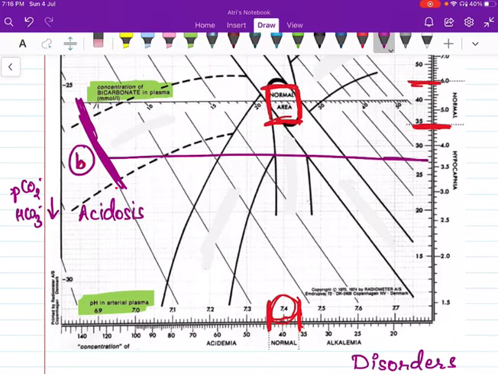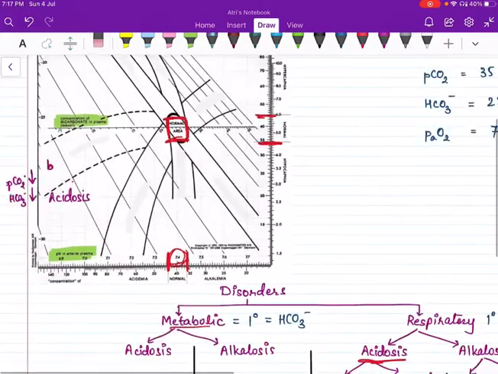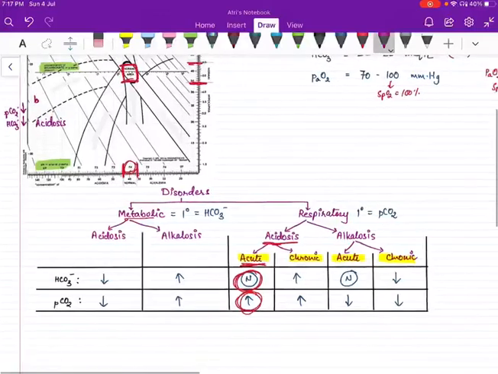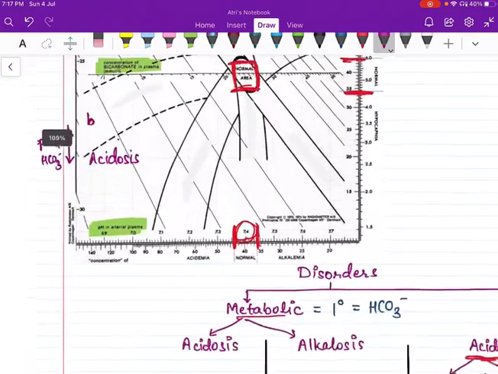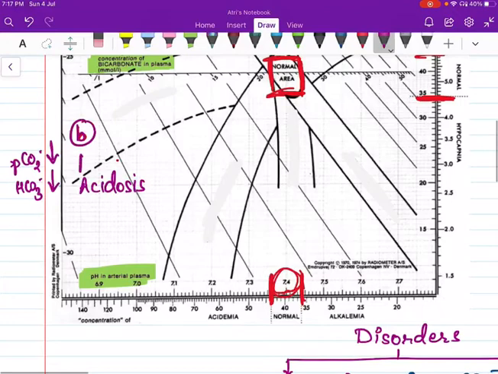What about PCO2? PCO2 is also less than 35, so PCO2 is also decreased. Now in our chart, what is the condition where acidosis is happening along with low bicarbonate and low PCO2 levels, right? So this is metabolic acidosis. Point B is our metabolic acidosis.